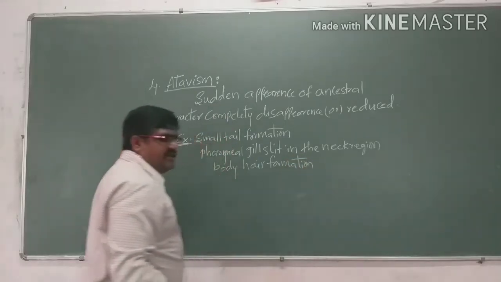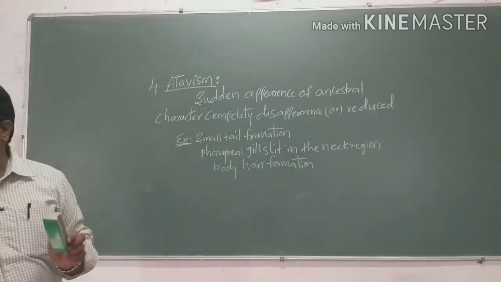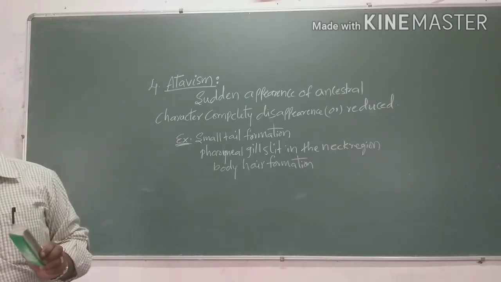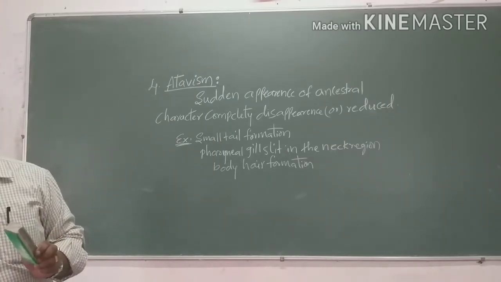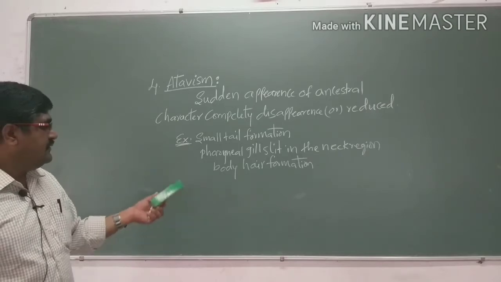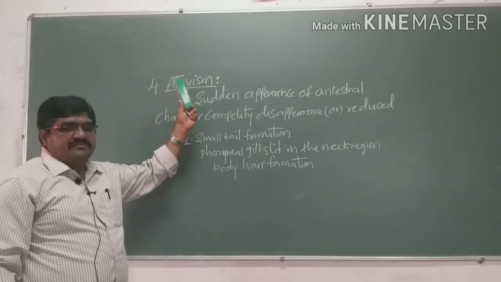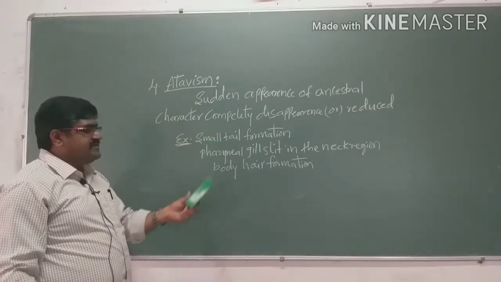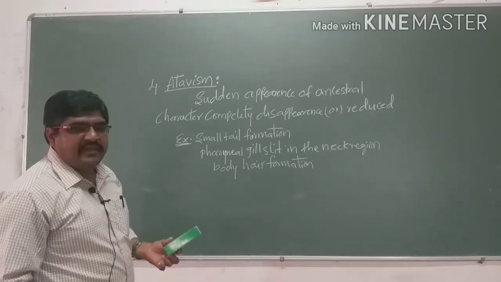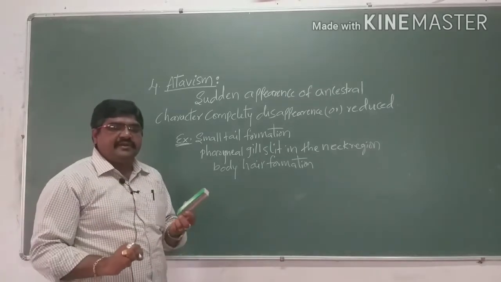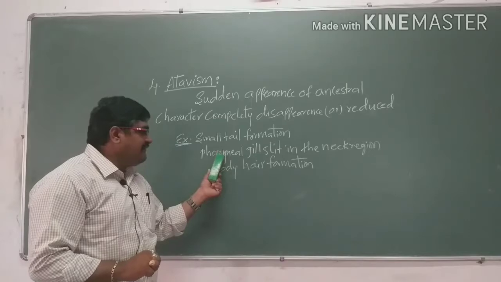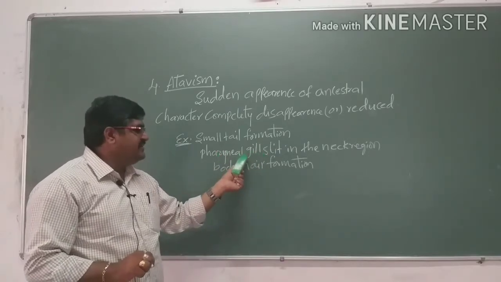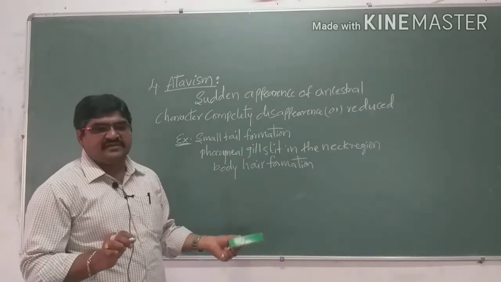So these are examples of atavism, that is, tail formation in a newborn baby, or the pharyngeal gill slits, which are present in fishes.